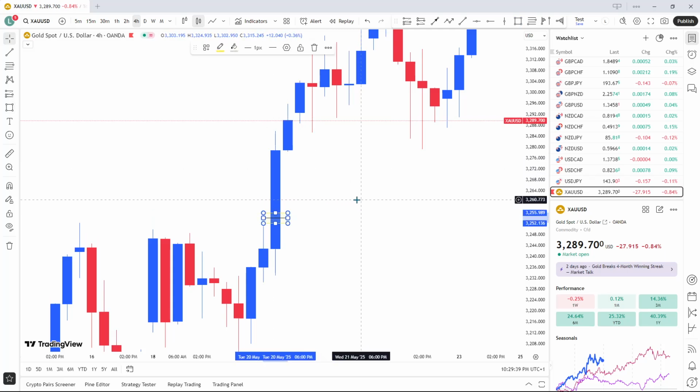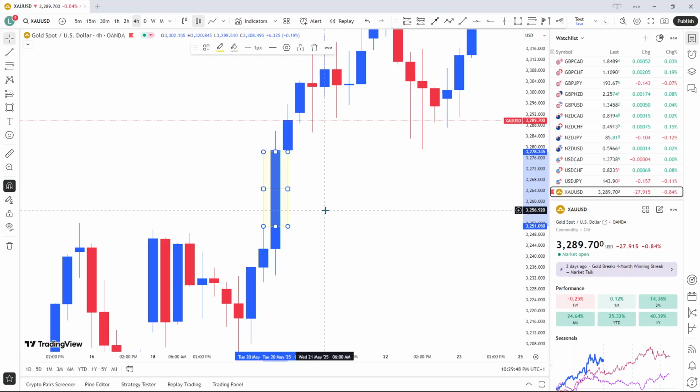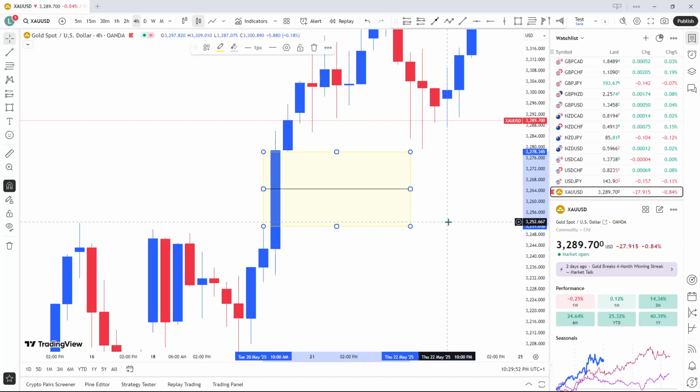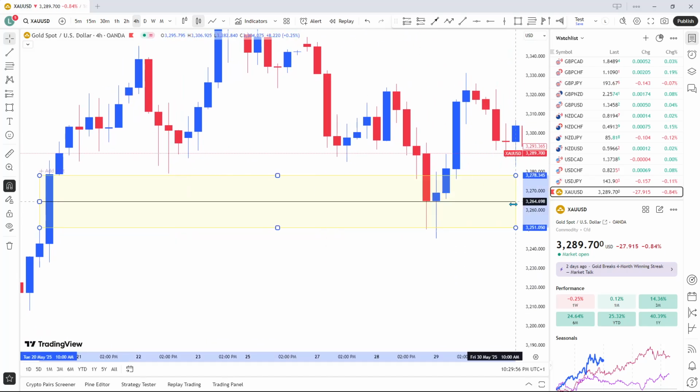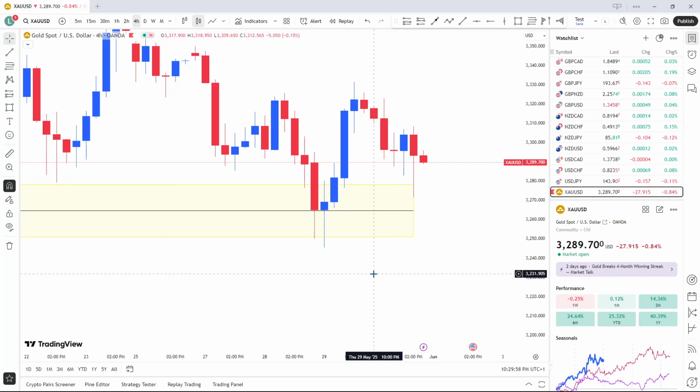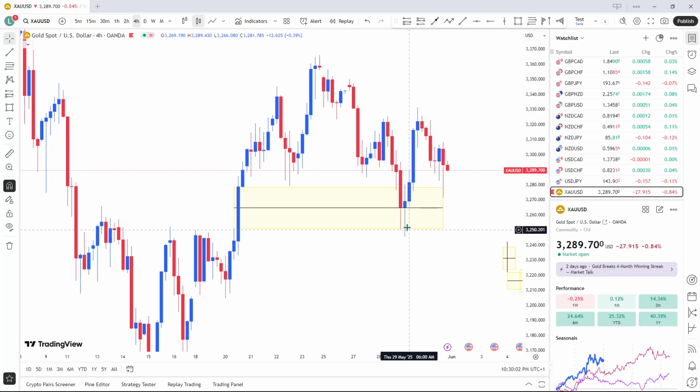It always makes life a little bit easier if you've got the magnet on, just so you know that it's perfect. So you go from the top of the wick to the bottom of the wick, and then see how we've got this massive gap here, and all we do is just drag it across. Okay, drag it across, and then you're just basically looking for potentials to buy.